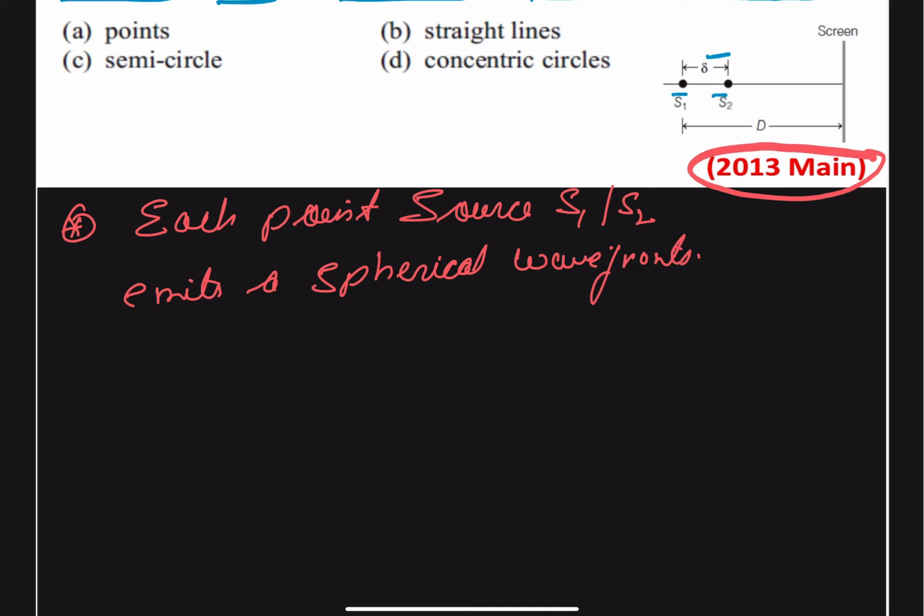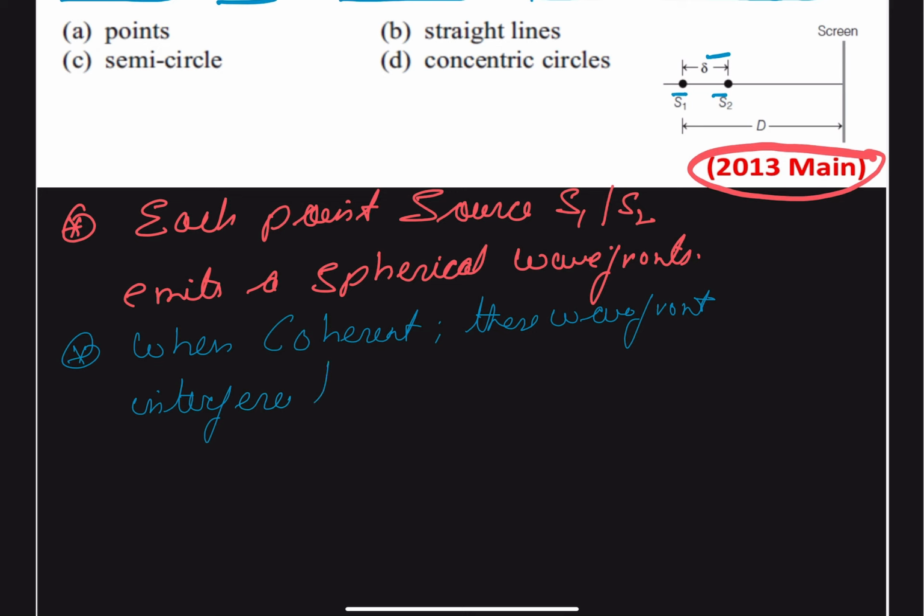And it is given that they are coherent, so we can say the wavefronts interfere to form a visible pattern.